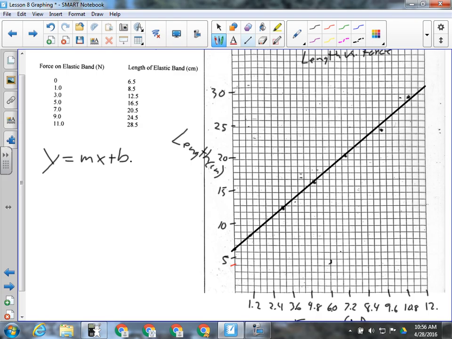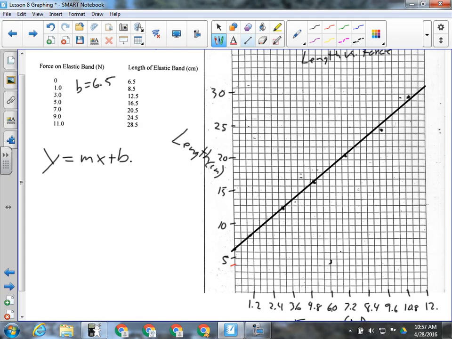Okay, well, b is the y-intercept. That is, where does my line cross the y-axis? And it looks like it does it right here at 6.5. Okay, because I kind of started there on purpose. So right there at 6.5, that's what I'm going to say b is. So b will be 6.5.